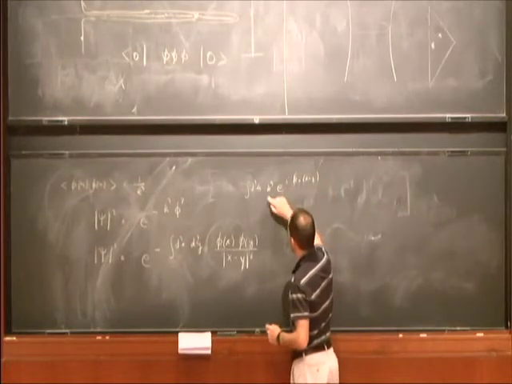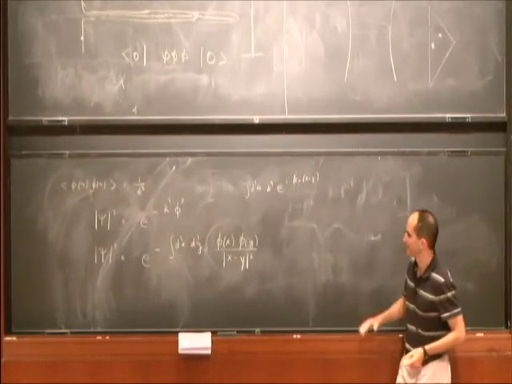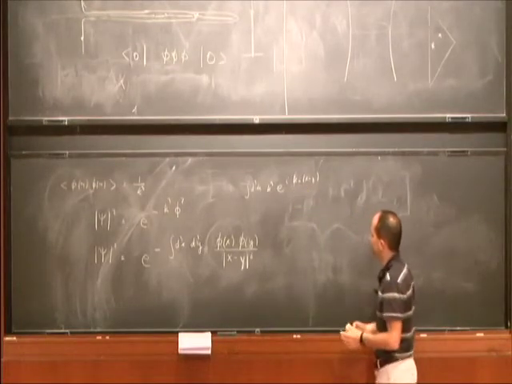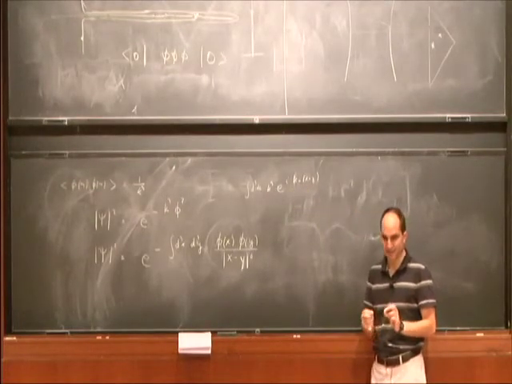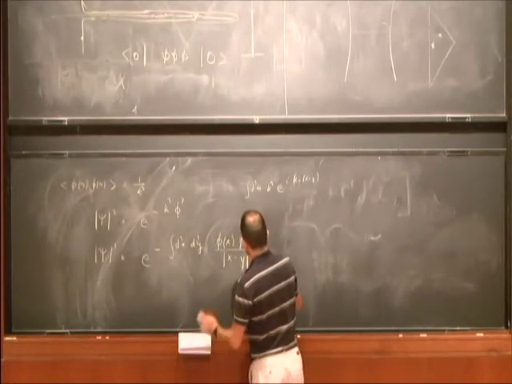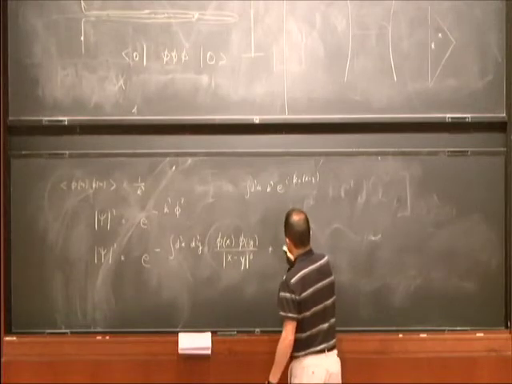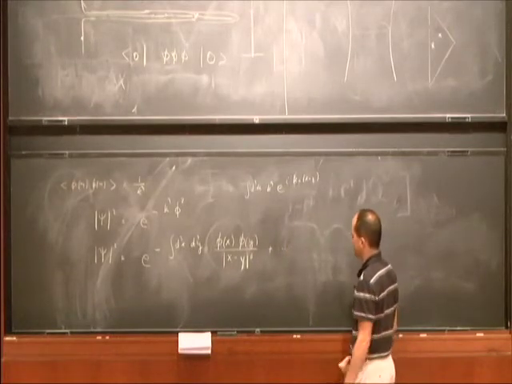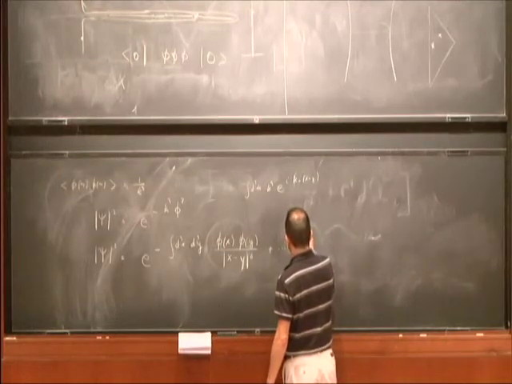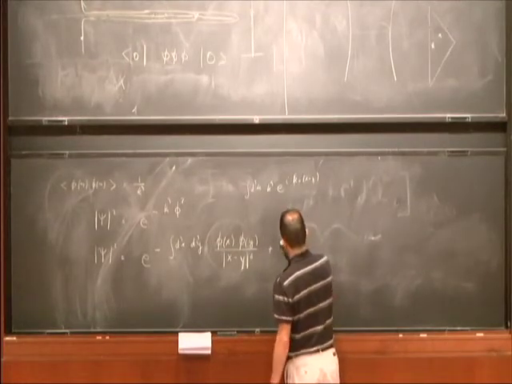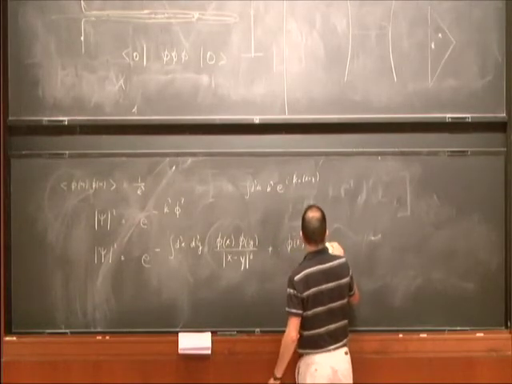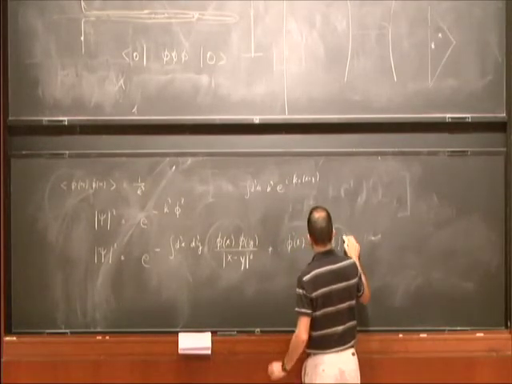It's divergent for very large k, so it has some divergences. But very large k corresponds to very short distances in position space. So the wave function is like this for long enough distances, and then it will have some other terms, which we'll discuss in more detail later, that involve squares of phi at the same position, with possibly divergent coefficients, or maybe derivatives of phi at the same position.